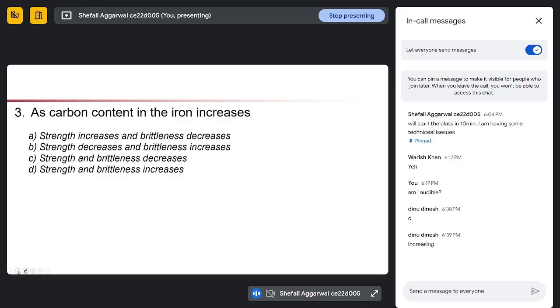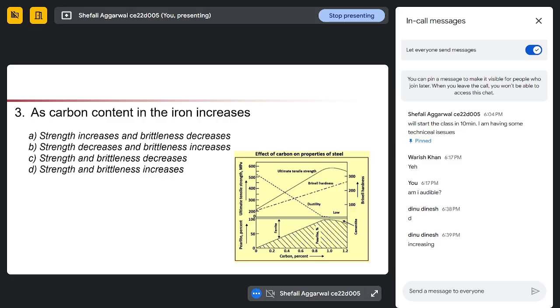However, if you increase the carbon content, from this diagram you can see that the strength is increasing. However, your ductility is decreasing. As you have seen with this cold deformed rebar also, strength was increasing and ductility was decreasing.